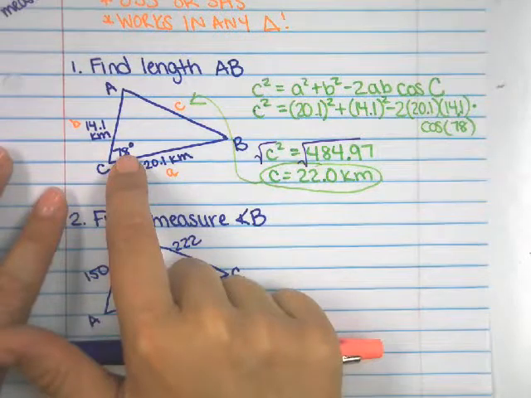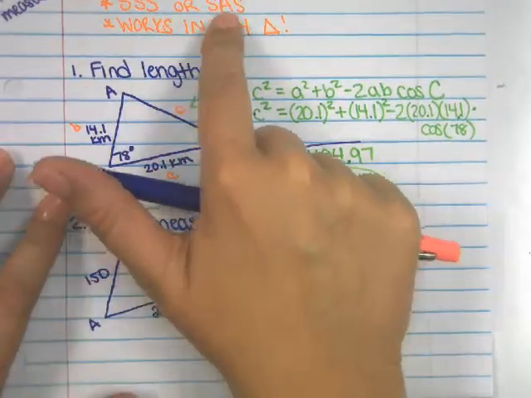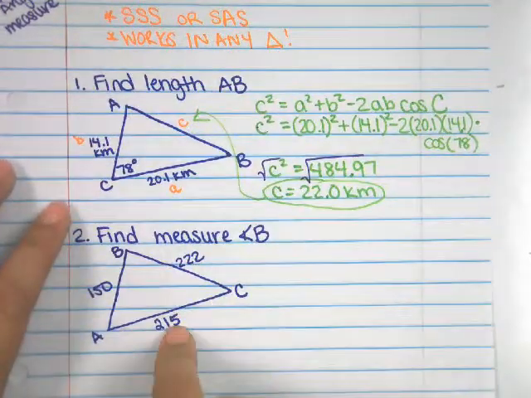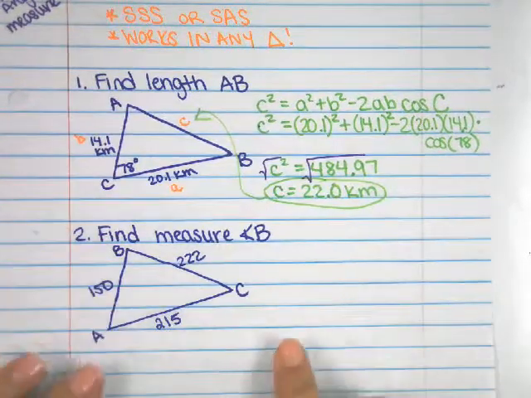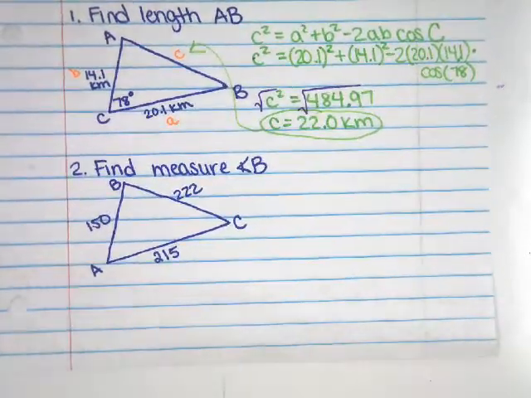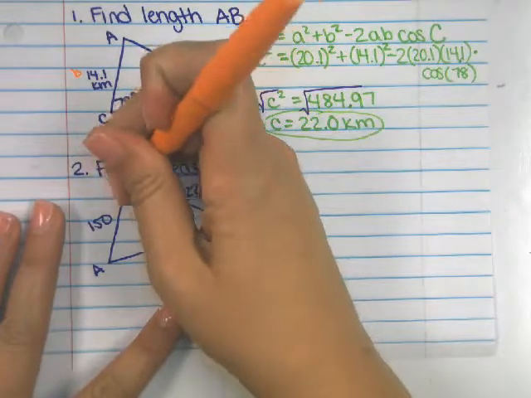If you remember from geometry, angle in between, SAS. This one I have three sides, and I want to use this to find angle B. So this is the angle I'm trying to find.